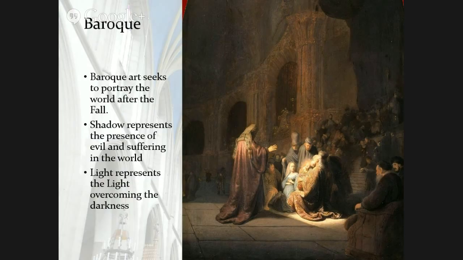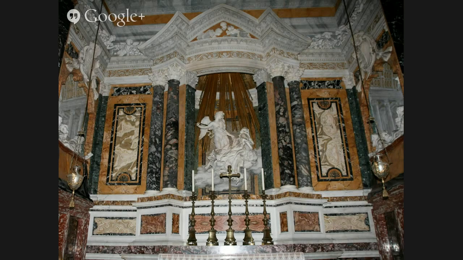Let's see. Another example, this one in sculpture. This is Bernini's Ecstasy of Saint Teresa. This is in Rome. And what you find in Baroque, especially in painting, is this play between the light and darkness and a focus on the center event or individual. There's an emphasis on the whole person.